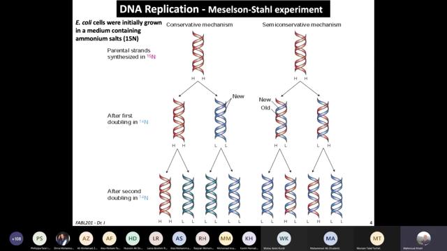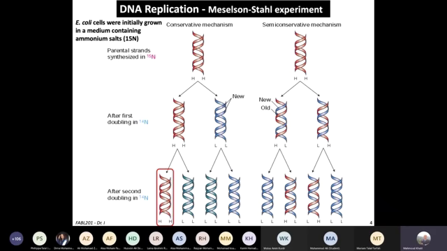Both of them are totally different, and both of them have distinct DNA. So if it's a conservative mechanism, in the population of the bacteria, you will see some of the bacteria will have double-stranded DNA with heavy nitrogen, HH.